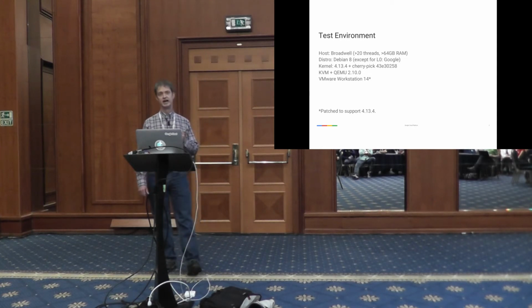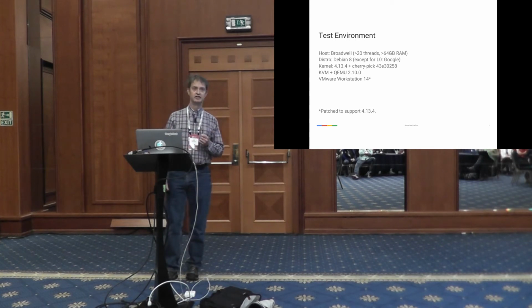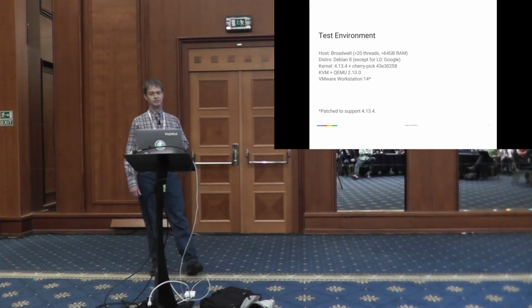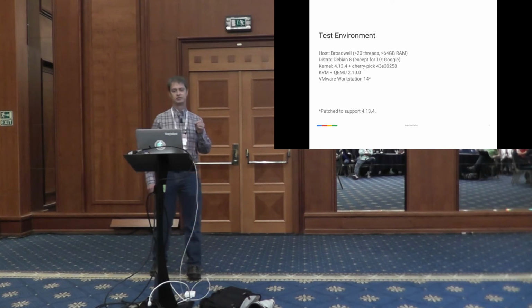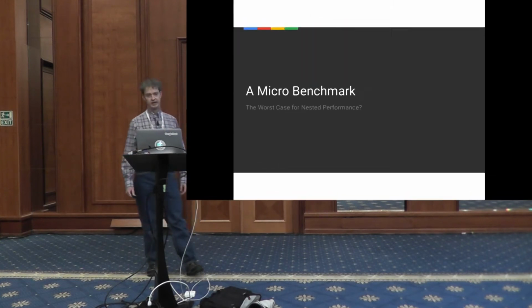VMware Workstation 9 was the first release to officially support nested virtualization. So this will give us an idea of how we're doing in comparison with our competitors who have a bit of a leg up on us. I do have to note that I had to patch Workstation 14 to actually work on the 4.13.4 kernel because they're usually a little bit behind. And as usual, they were a little bit behind.